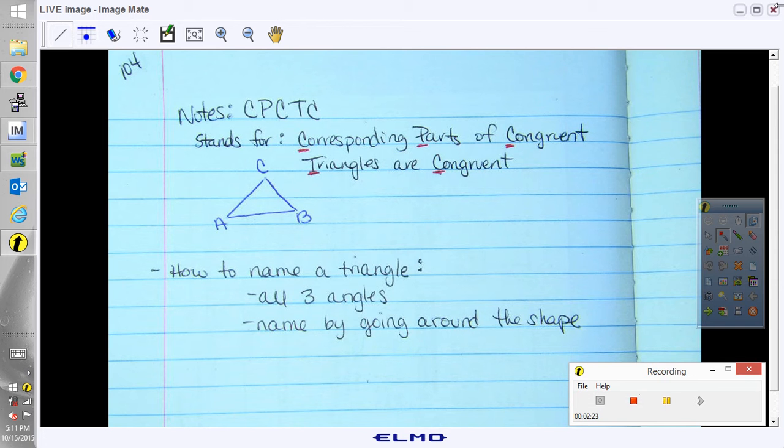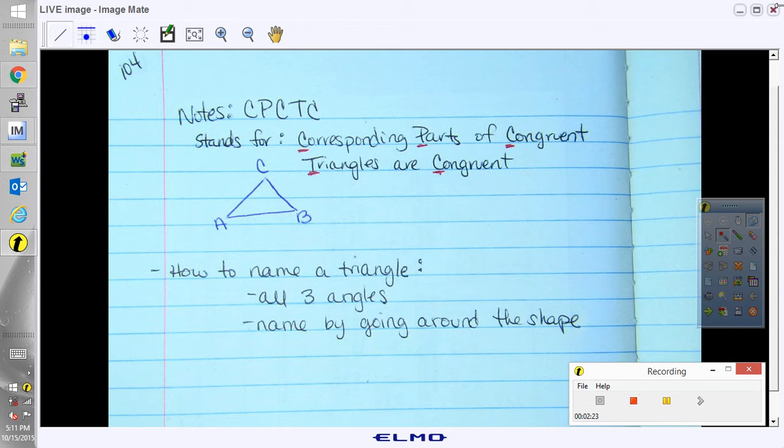And since we need two endpoints, we can name this segment AB on the bottom. Segment AB. If I wanted to name this side here, I would call that segment BC. And then this last side over here on the left, if I wanted to name that, we would name that segment AC.